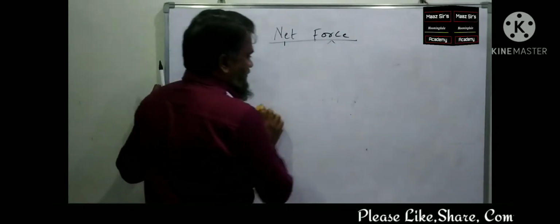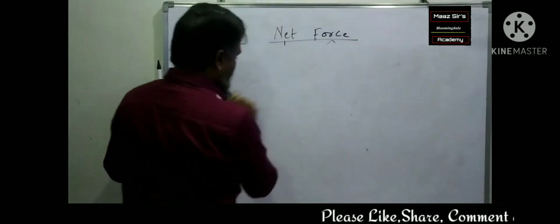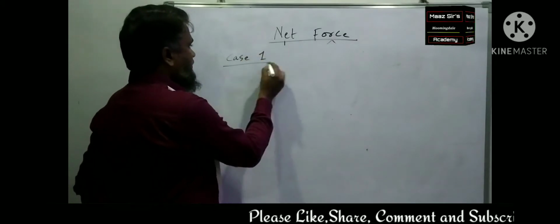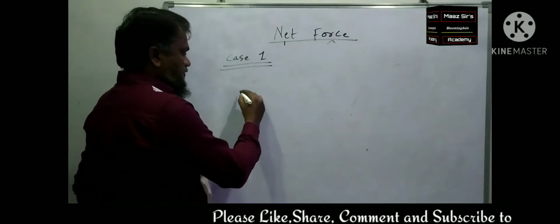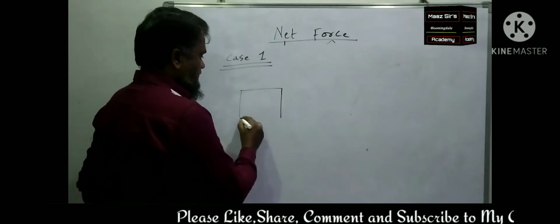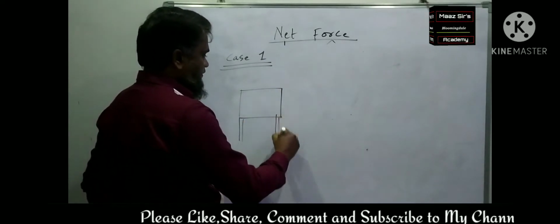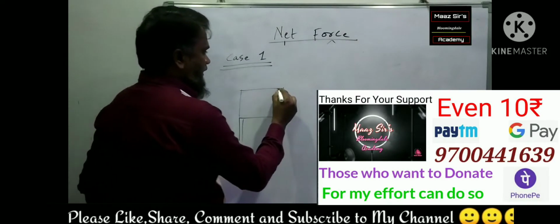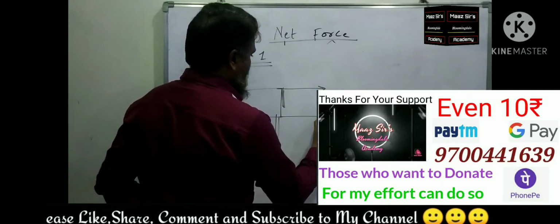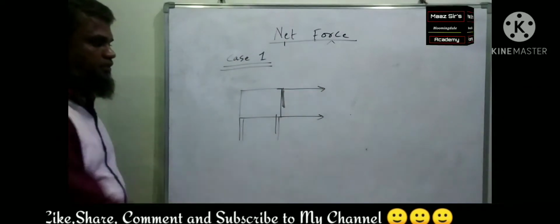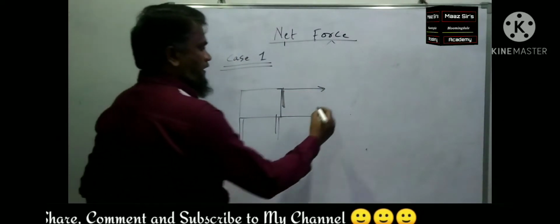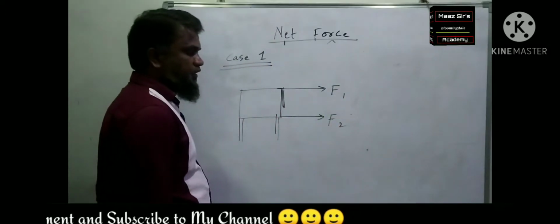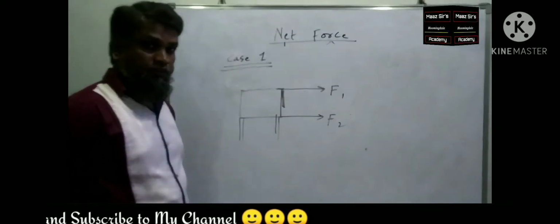So here we have two cases. In case 1, two students are pushing the bench or the table in this direction. Let us say this is F1 and this is F2, that is, force 1 and force 2.